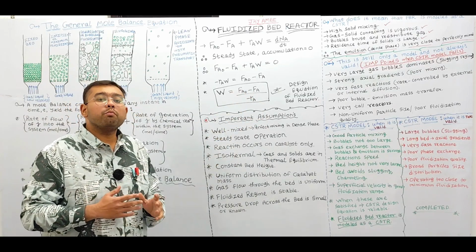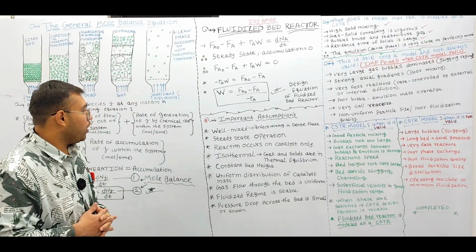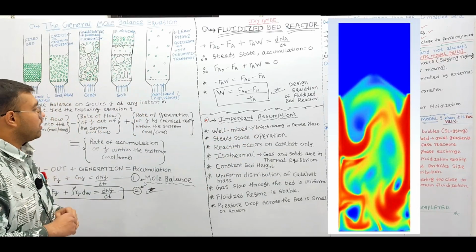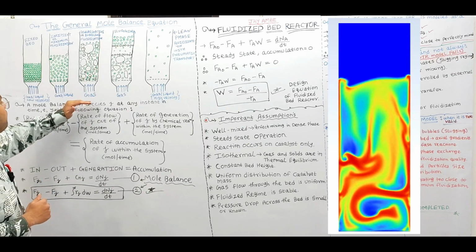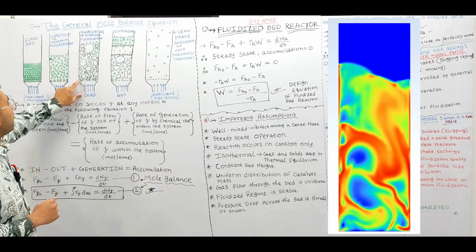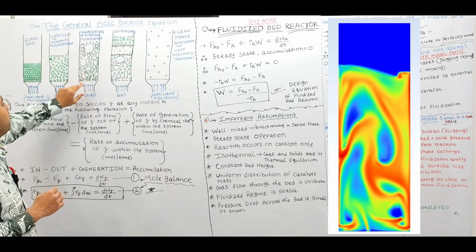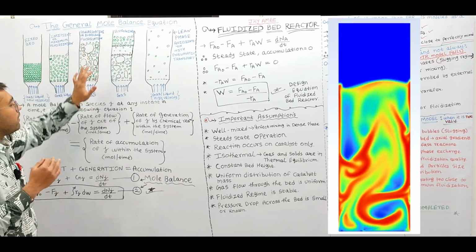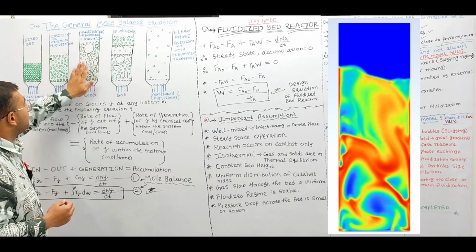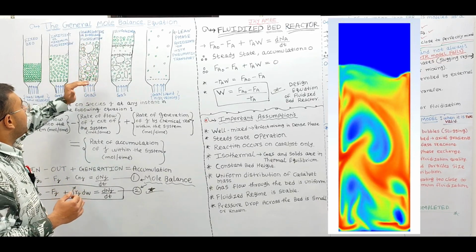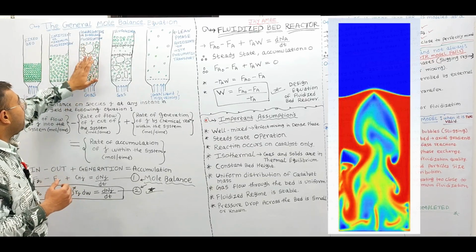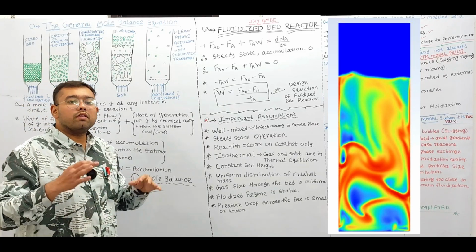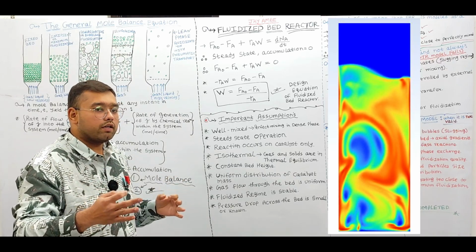Now let's understand some important assumptions of the fluidized bed reactor. Okay, so the first assumption is well mixed, perfectly mixing in the dense phase, which means when the fluid flows through the entire catalyst bed of the reactor, we have smaller bubble formation, due to which we'll have uniform and vigorous mixing of the entire emulsion phase, the entire gas solid phase in the fluidized bed reactor, due to which we'll achieve perfectly mixed conditions, right?